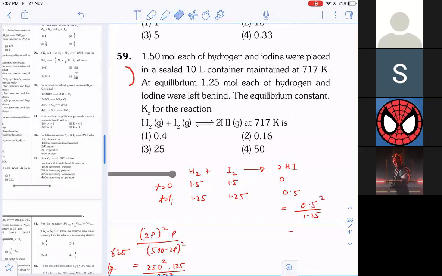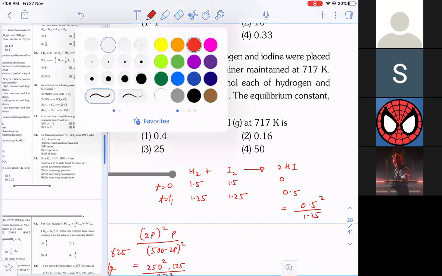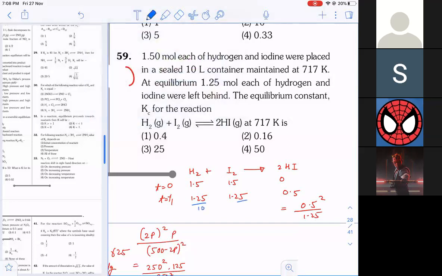So it will be 0.5 by 10 moles per liter, so it will be 0.05. Yes, sir, it'll be 0.05. We have to take concentrations of both, so the denominator will be 0.125 whole square. True. But you will observe one similar thing. So that way we'll get the answer as 0.16.